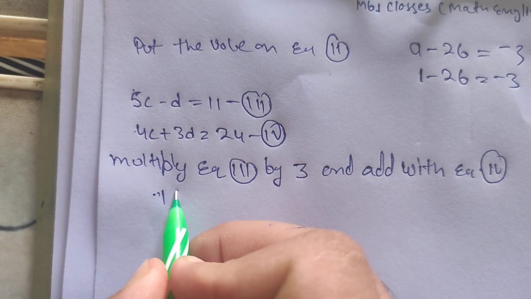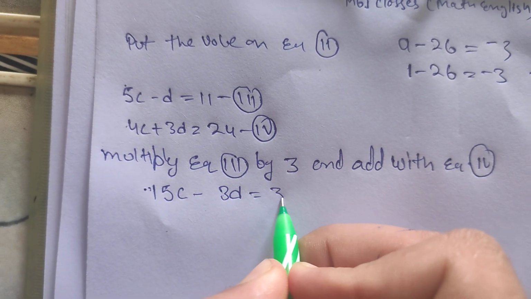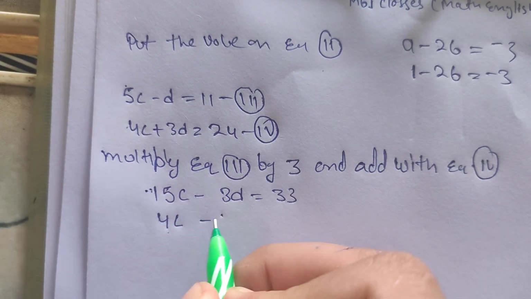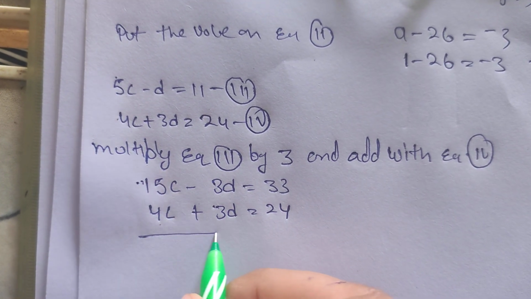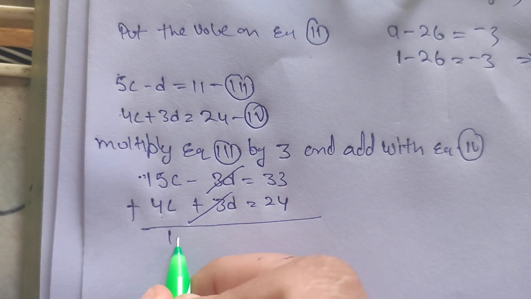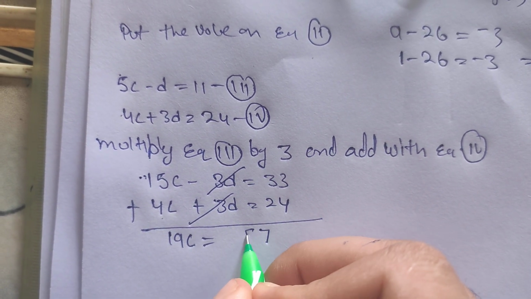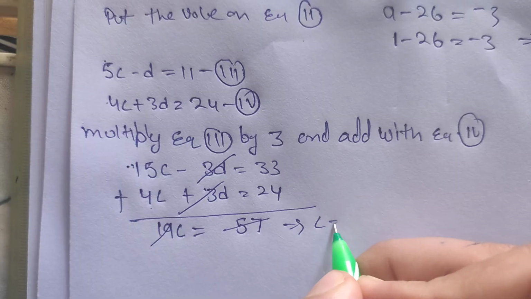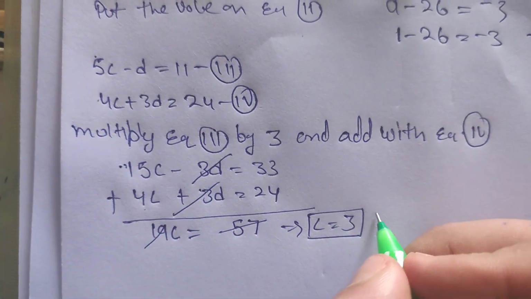So 15c minus 3d becomes 33, and 4c plus 3d becomes 24. Adding this, both are cancelled, this becomes 19c equal to 57, so c becomes 3.